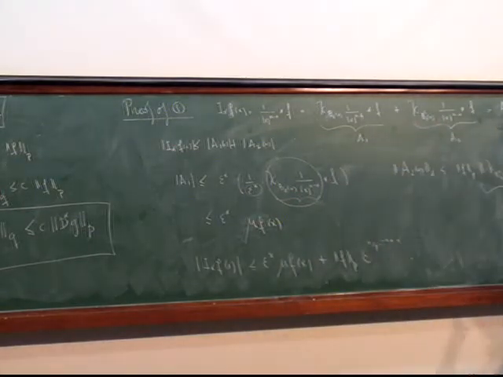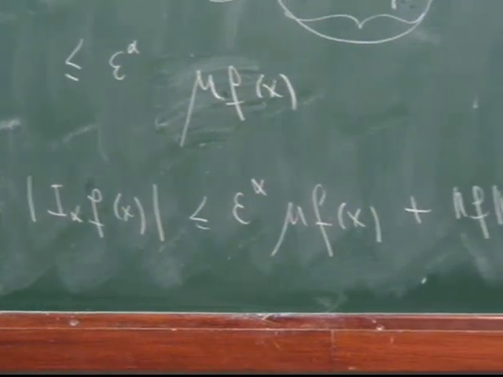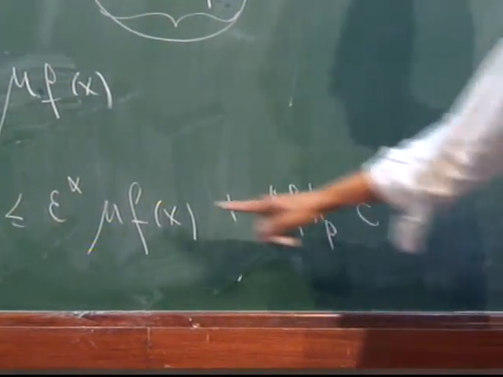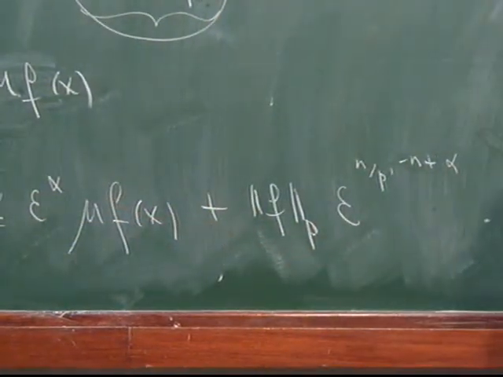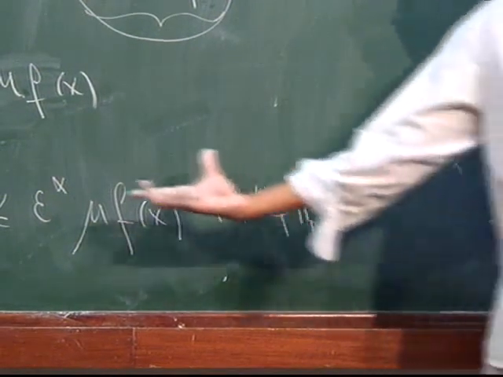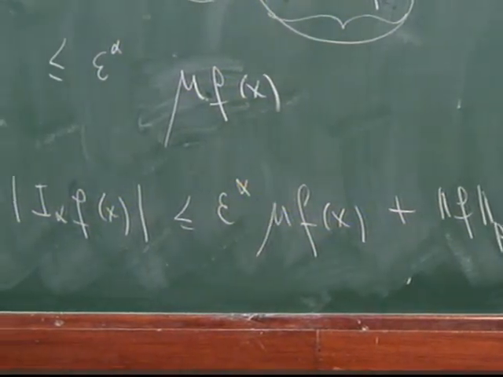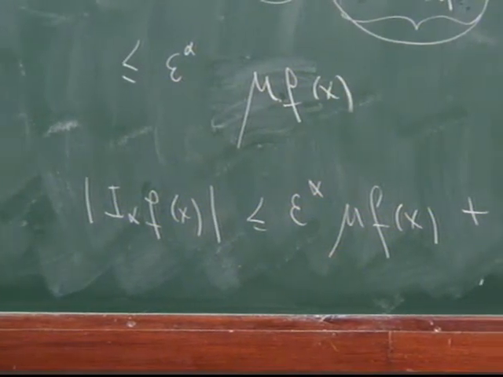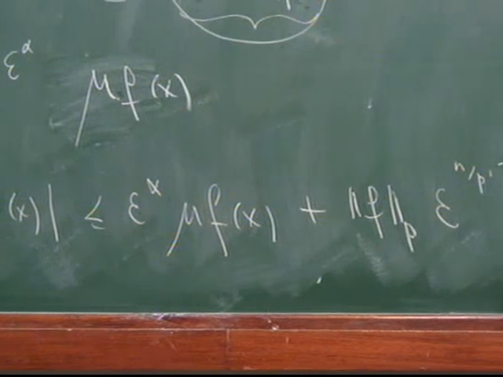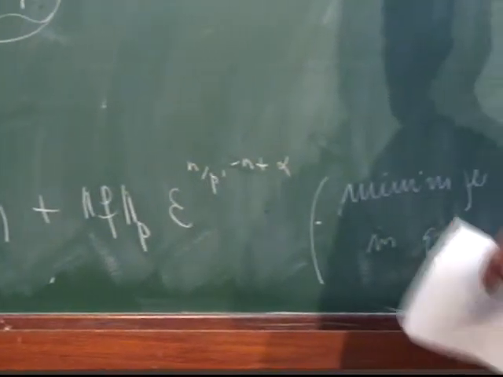Then what do we do? You minimize this in epsilon. What is the minimum of this expression in epsilon? It is when this quantity and these quantities are equal. Minimize in epsilon.